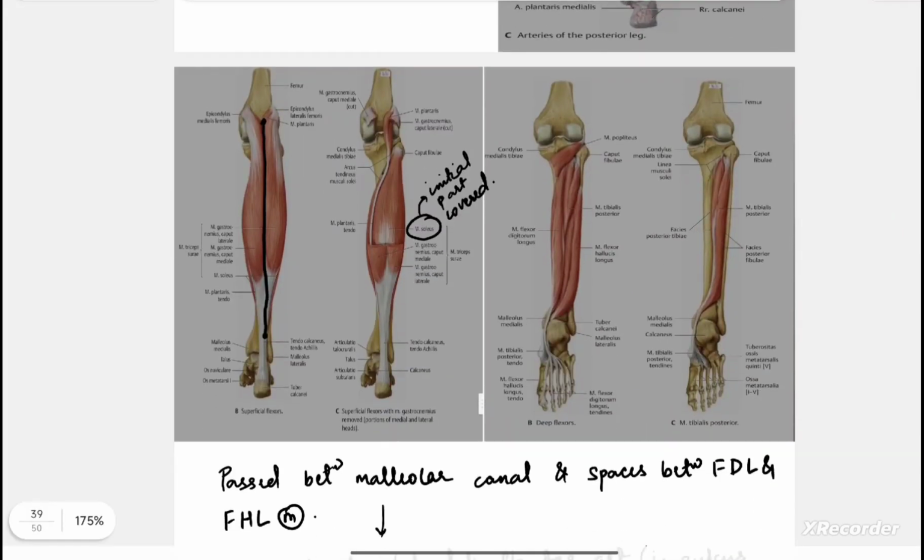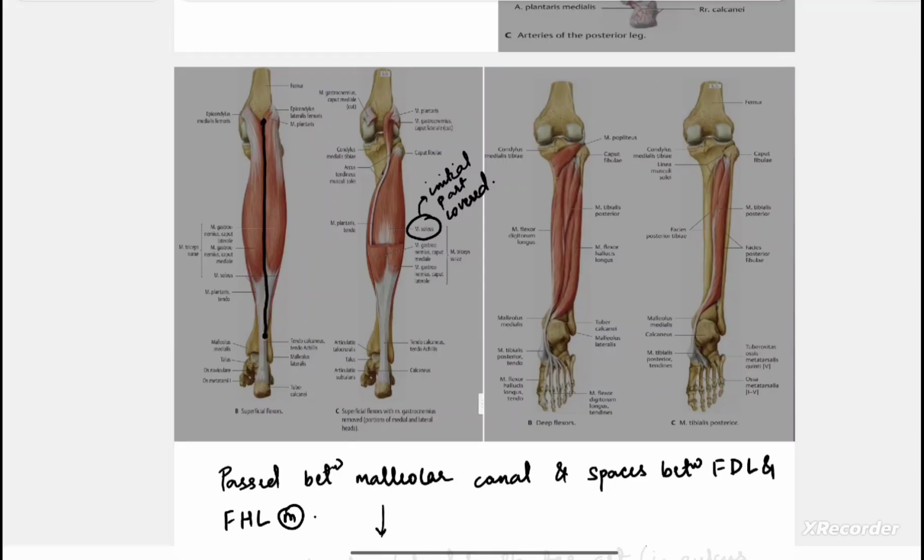I will explain this. The muscle gastrocnemius, caput mediale, the medial head of the gastrocnemius muscle to the medial margin of the Achilles tendon.